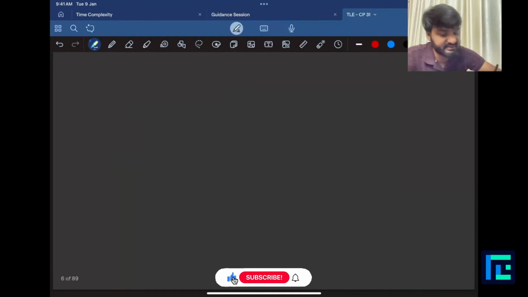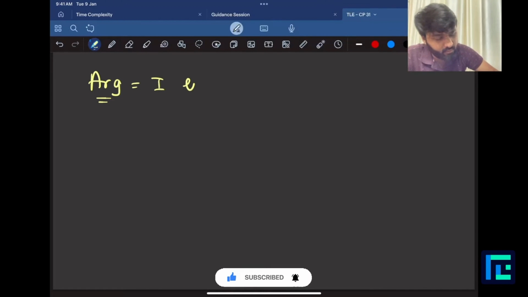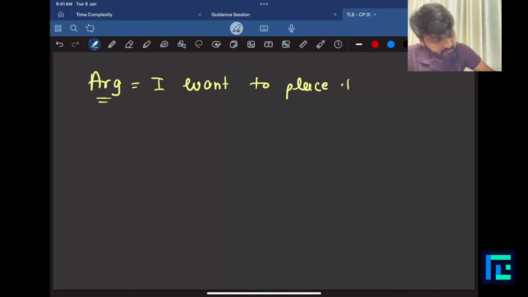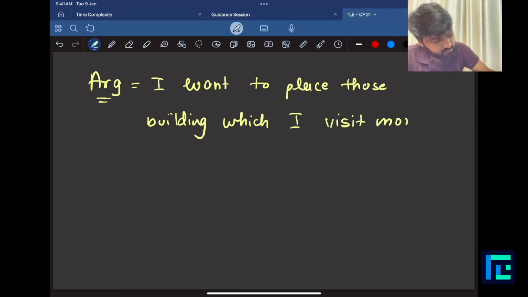So we can write this down as an argument: I want to place those buildings which I visit more closer to my office.